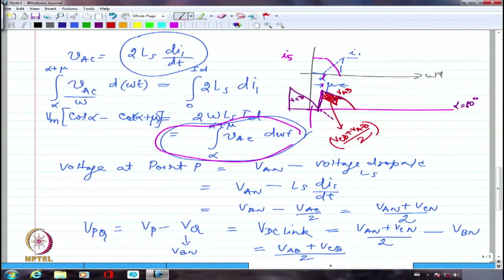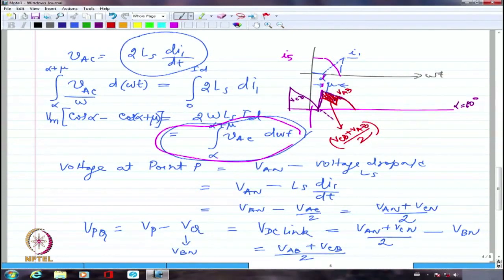Right? So I have two simultaneous happenings because of the source inductance effect. One is I am going to have reduction in the DC voltage, and the second one is there is going to be definitely a delay in the current taking over from one device to another.